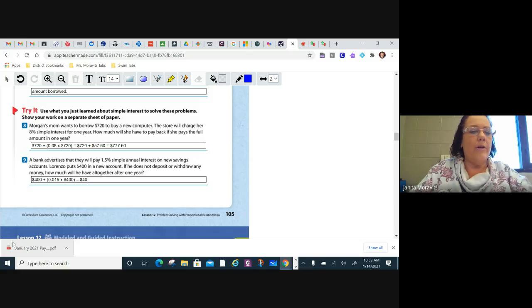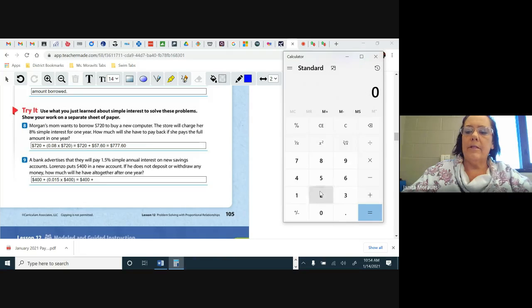Well, let's do this. So we've got $400 plus, and let's use our calculator here. Let's clear this. We've got 0.015 times, and the amount of money was $400. Ooh, what are we doing here? That's not right. 0.015 times.